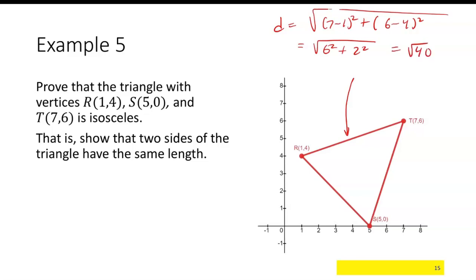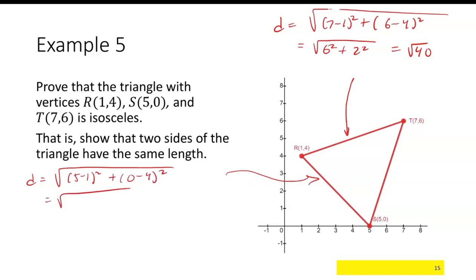Okay, let's go on to another side. Let's try the side between R and S. So d would be the square root. The x values are 5 and 1, so I go 5 minus 1 squared plus 0 minus 4 squared. 5 minus 1 squared is 4 squared, plus, well, technically negative 4 squared, but the negative is going to disappear by the squaring.